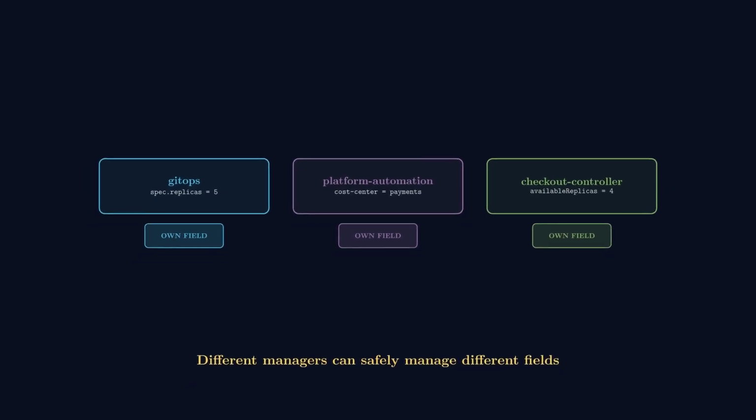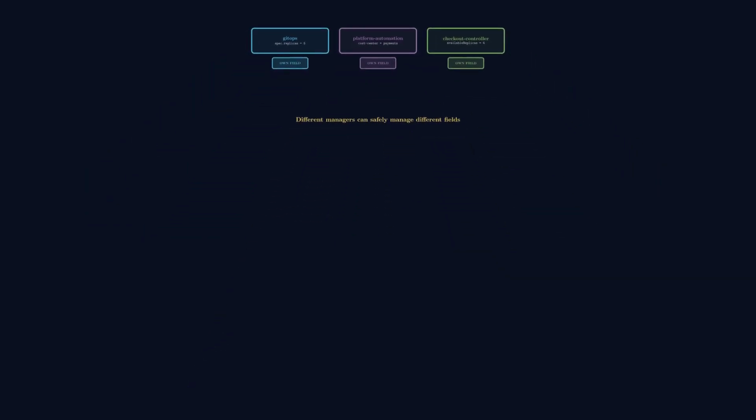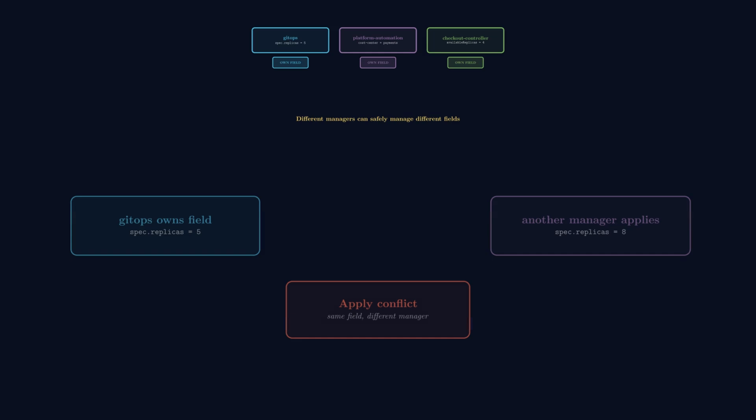Now suppose GitOps already manages spec.replicas and says the value should be 5. Another server-side apply manager tries to set that same field to 8. Kubernetes can see that the field already belongs to a different manager with a different value. Instead of quietly overriding it, the apply request is rejected with a field conflict.